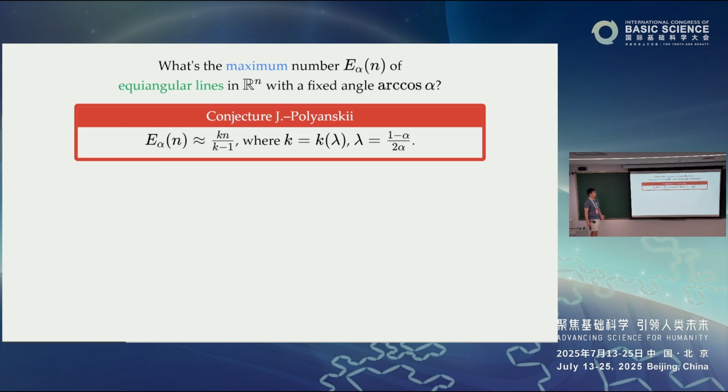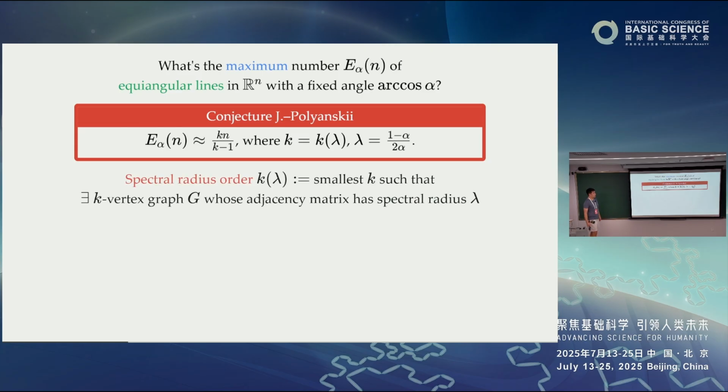So let me tell you about this k of lambda. The k of lambda is called the spectral radius order, given this number lambda. And the way you get this number is to go through graphs from the smallest to the largest, one by one. And for each graph, you calculate the spectral radius of the adjacency matrix.